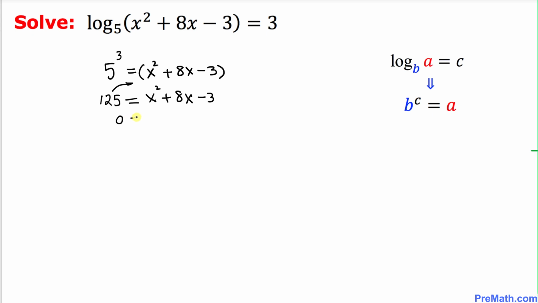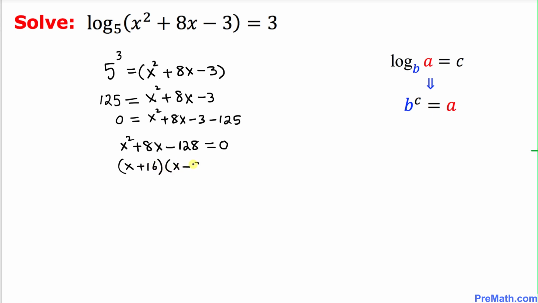We're going to get 0 on the left hand side equal to x squared plus 8x minus 3 minus 125. If we simplify, we can write this one as x squared plus 8x minus 128 equal to 0. And this is our quadratic equation, so it can be easily factored into x plus 16 times x minus 8.